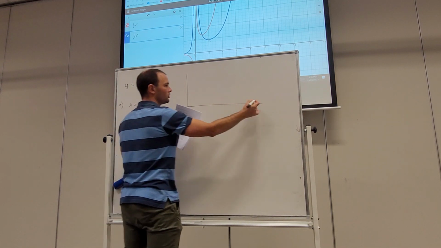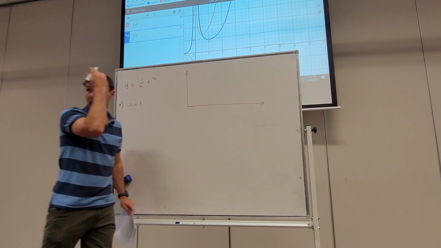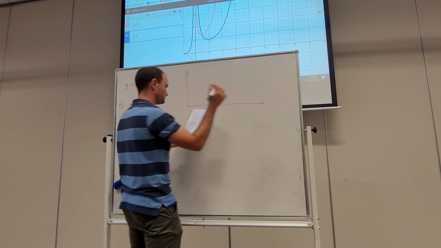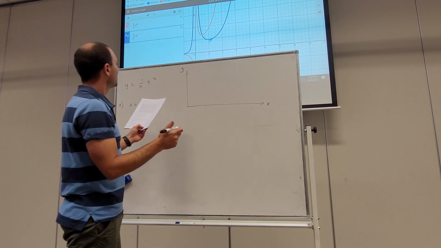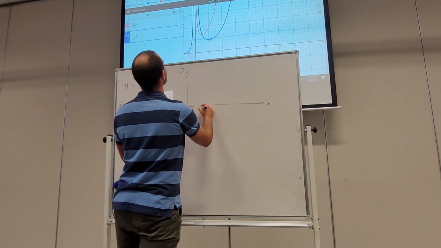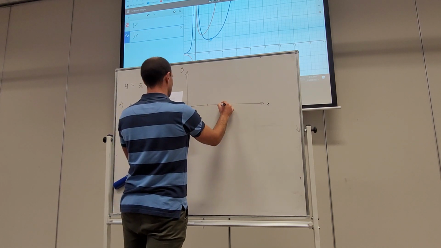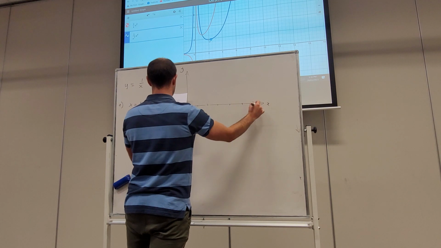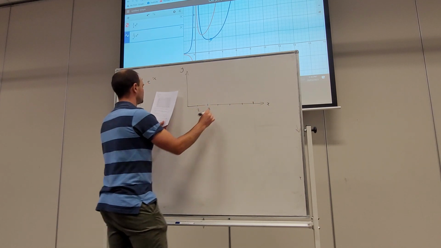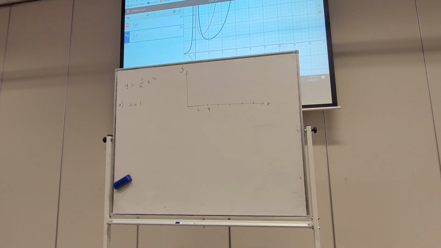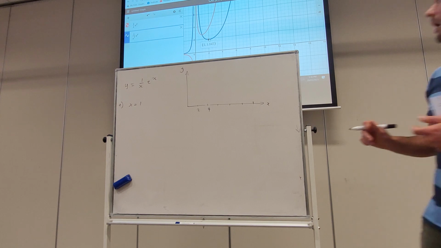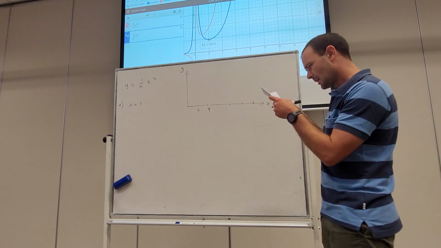This is going to be a good opportunity for me to talk about how we allocate marks for graphing. Now the minimum of this new function occurs at x is 2, y is 1.847.